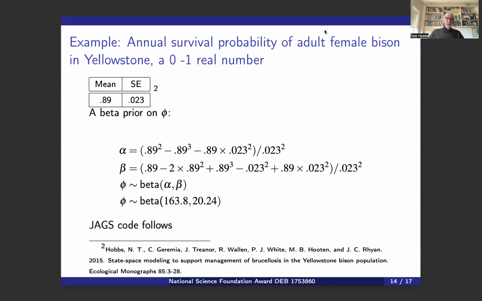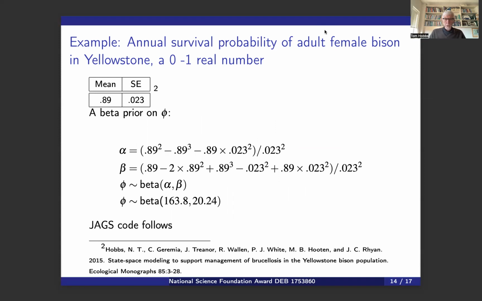So, another example. This is the annual survival probability of adult female bison on the northern range in Yellowstone. Because it's a survival probability, it's a 0 to 1 continuous real number. The mean was 0.89 with a standard error of 0.023.